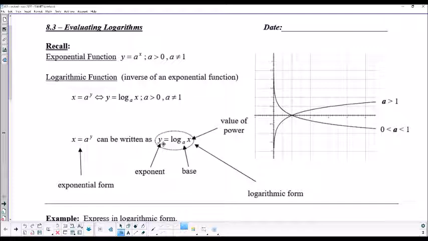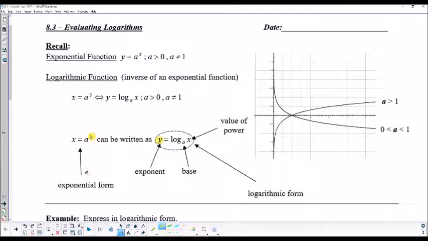Just to recall, we've got the exponential form here, and we also have the logarithmic form. Those are both inverses of exponential functions. We see that in the exponential form, y is the exponent, and y is here in the logarithmic form too.